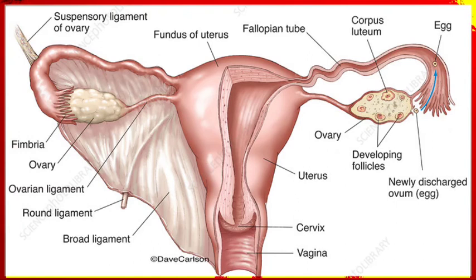Now we will understand fertilization. The formation of a zygote by the union of sperm and ovum is called fertilization. Fertilization is internal in human beings.